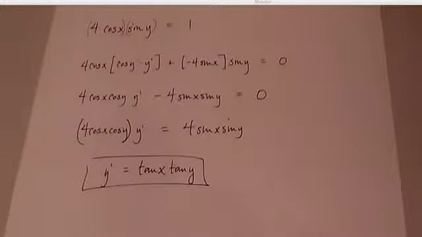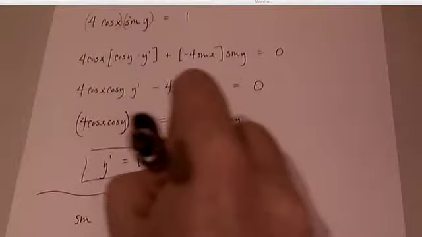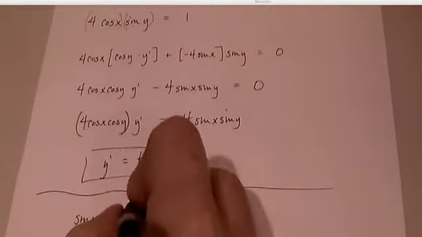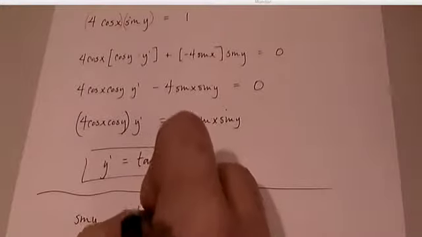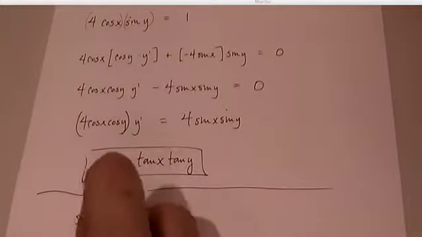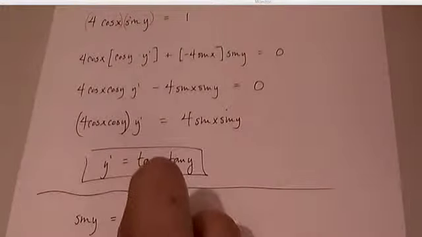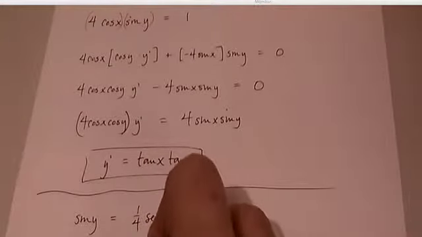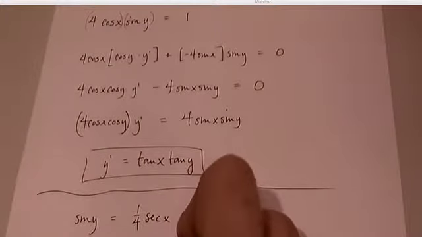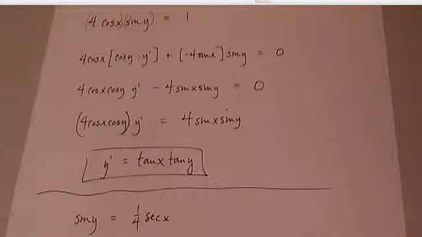Now, I guess you could isolate the y on this one. Sine y is equal to 1/4 secant x, and then y is equal to arc sine of secant x over 4 or something like that.